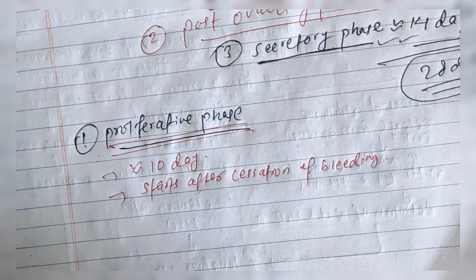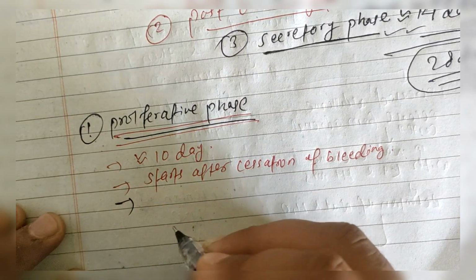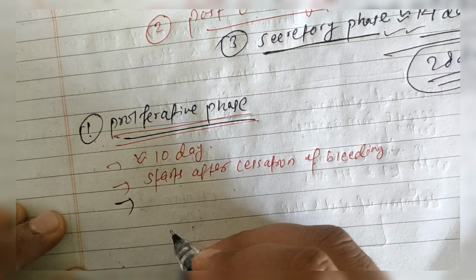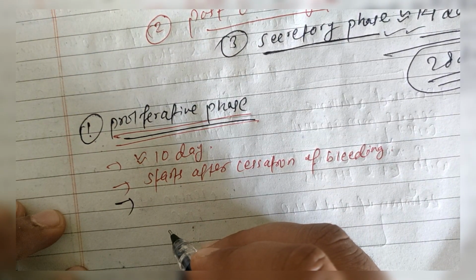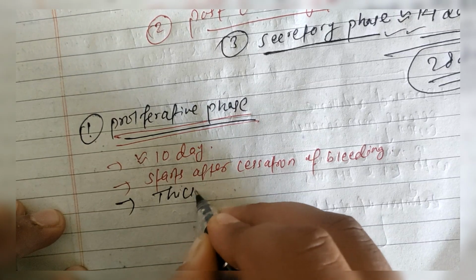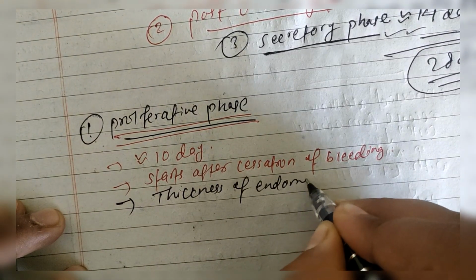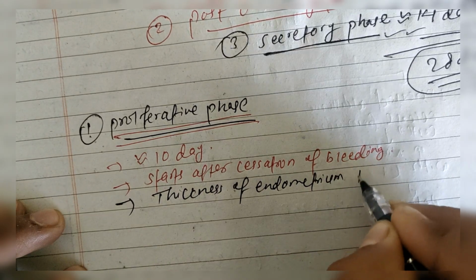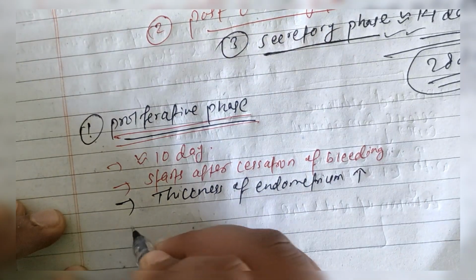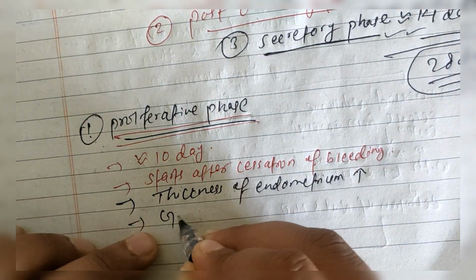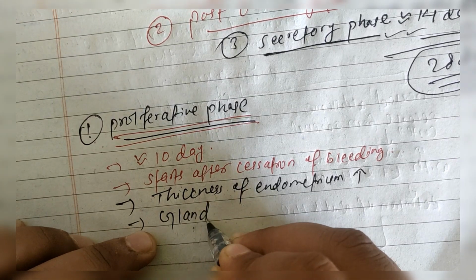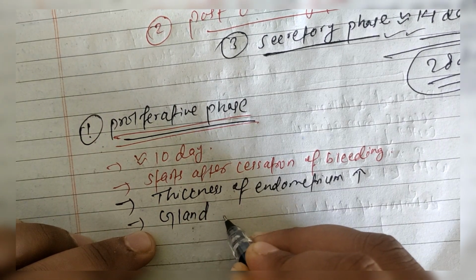And in this phase endometrium heals and becomes normal, and the thickness of endometrium increases. And glands increase. Size of gland increases.